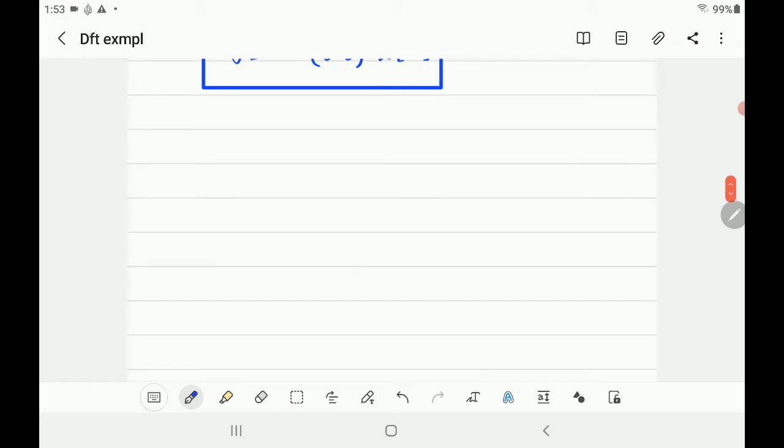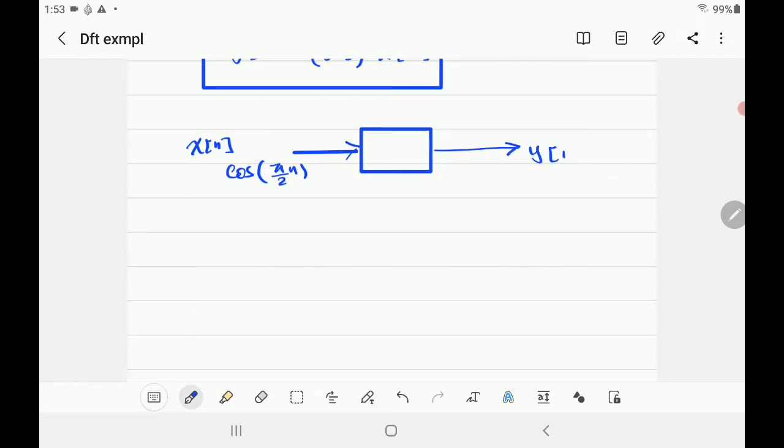So the system's input x of n is given as cosine pi over 2 n, and it's required to find the output.